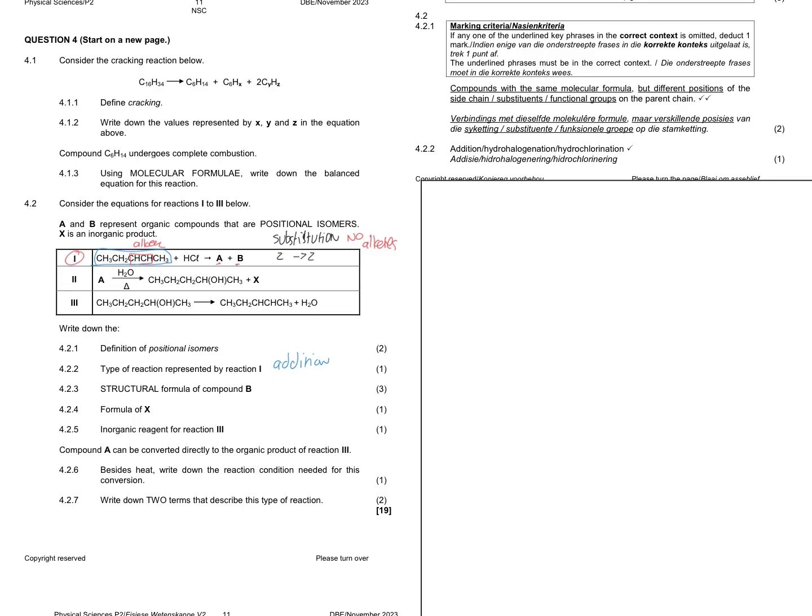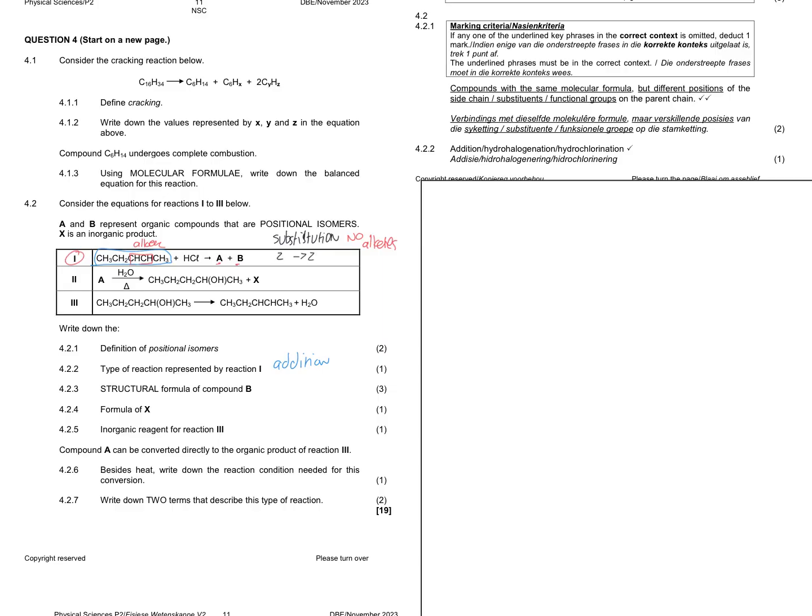Then they want the structural formula of compound B. This bloody question 4 is normally quite tricky. But anyway, the structural formula of compound B. So now you made A and you made B, and I told you one of them was going to be 2-chloropentane. The other one is going to be 3-chloropentane.